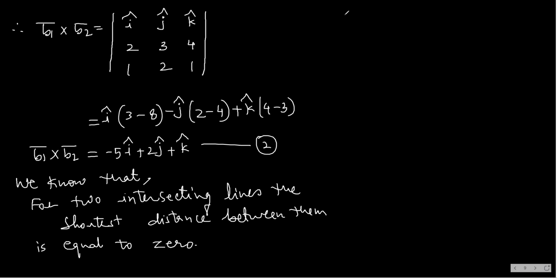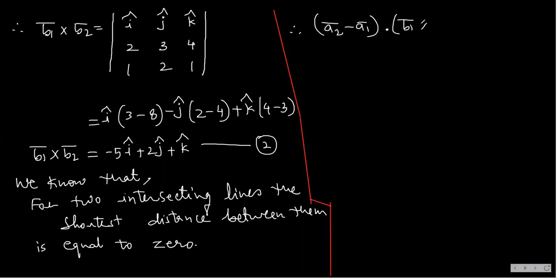Therefore, A2 bar minus A1 bar dot B1 bar cross B2 bar upon mod of B1 bar cross B2 bar is equal to 0.